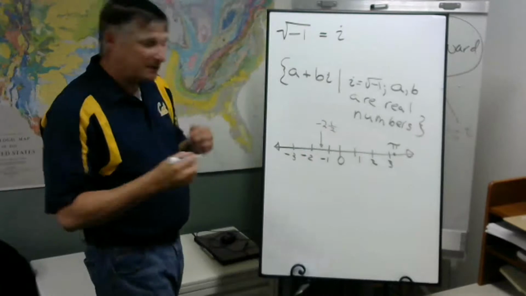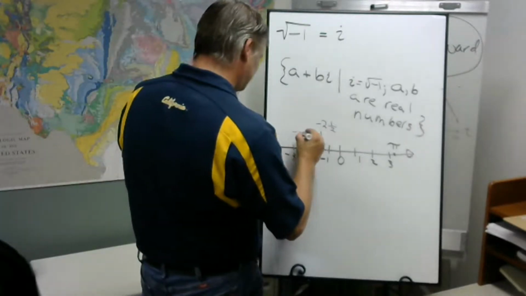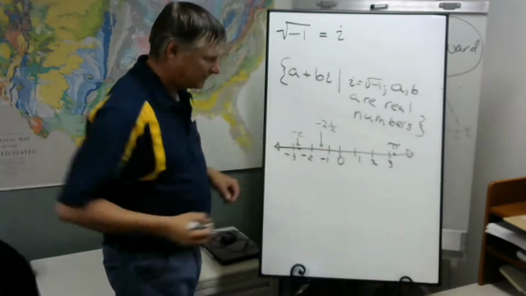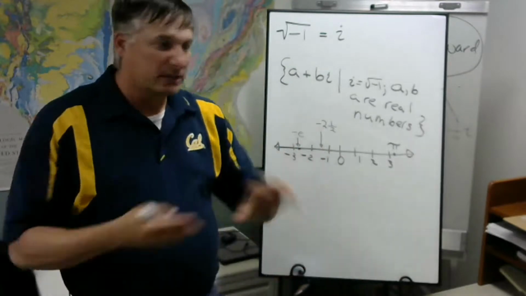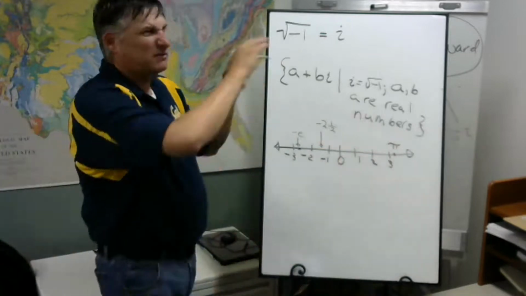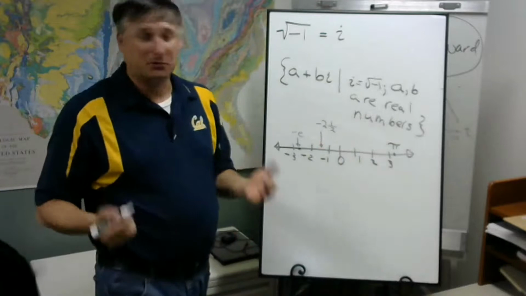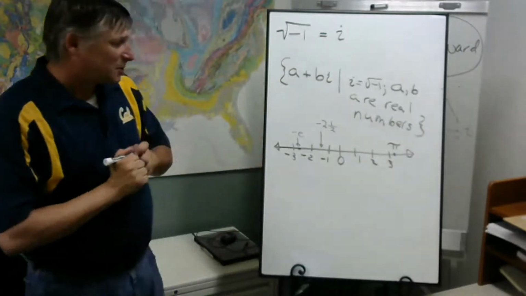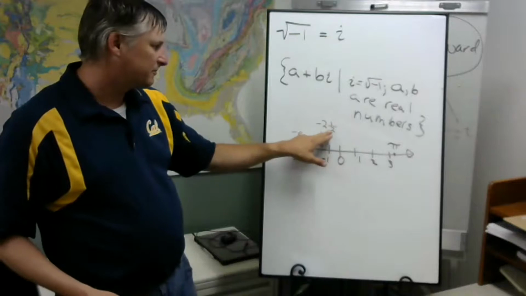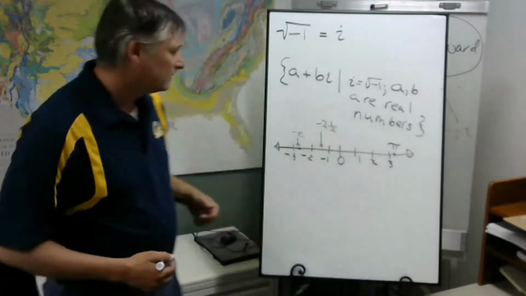And then negative e. E is kind of like pi. It's 2.71 and a string of numbers after that, 2.71 that goes on forever and ever. And again, you can't represent it as a fraction. So real number line, positive numbers, negative numbers, 0, fractions, irrational numbers, they're all part of the real number line.